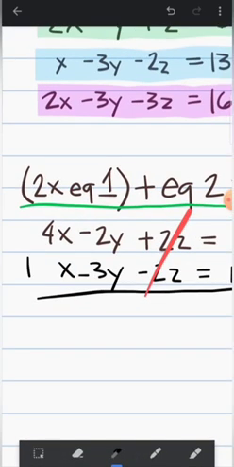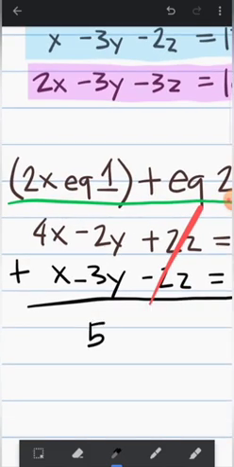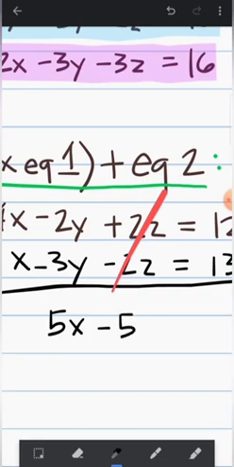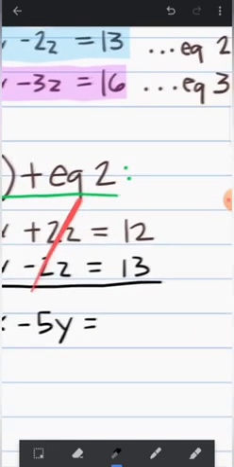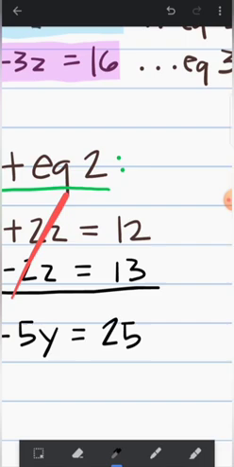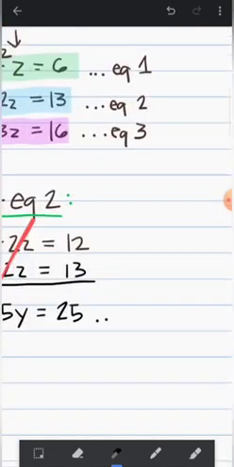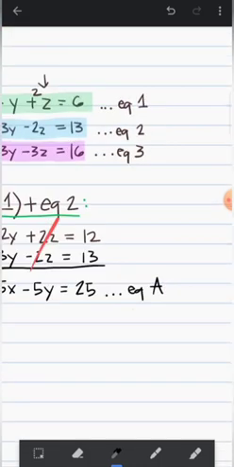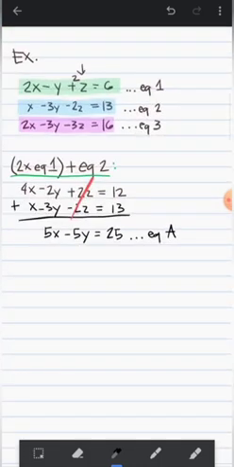And adding these will give us 5x, and minus 2 and minus 3 would be minus 5y, which is equal to 25. 12 plus 13 is 25. So let's mark it as equation A. It's the result of combining equations 1 and 2.